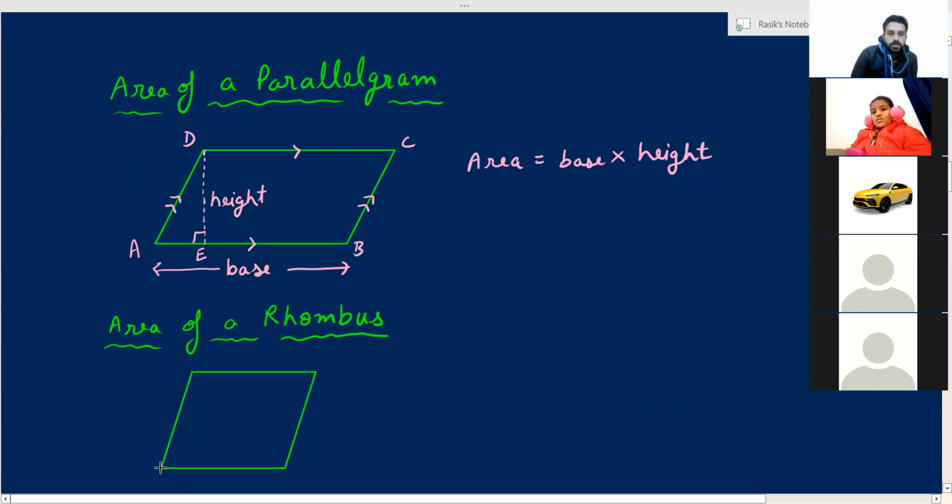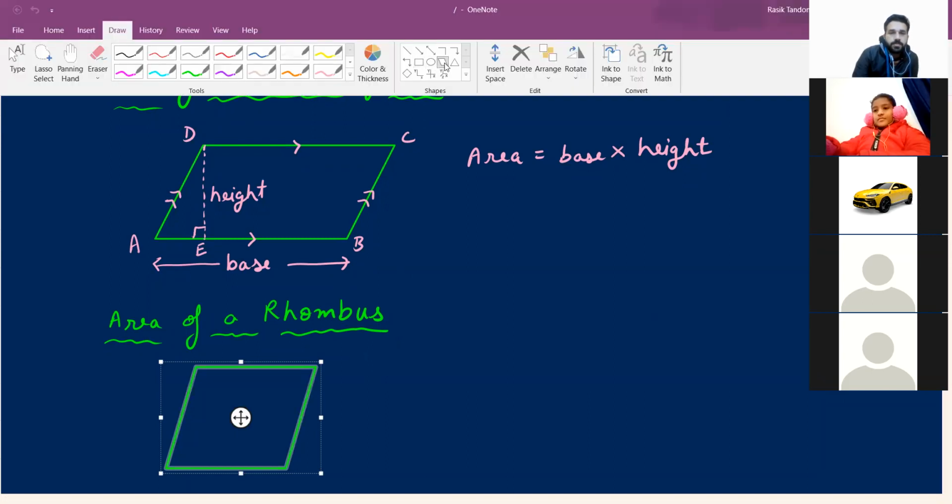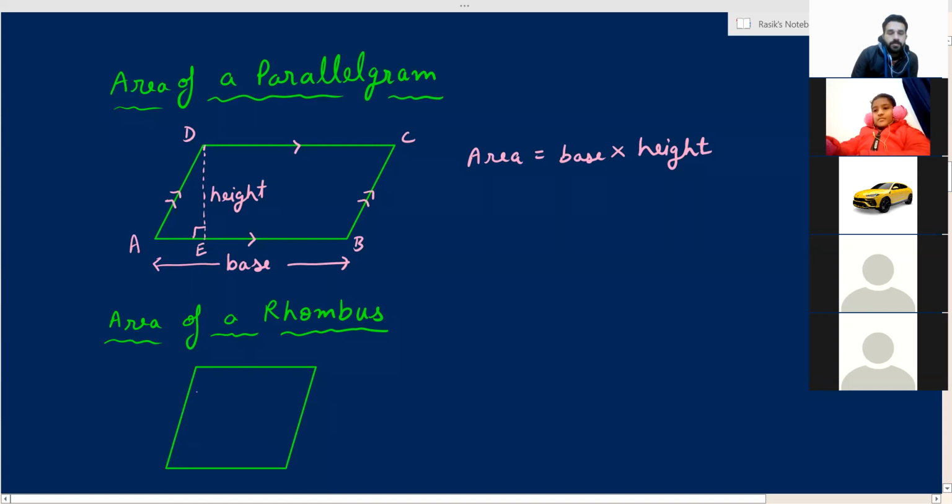Like there is a difference between rectangle and square. What is the difference between a rectangle and a square, everyone? Rectangle has length and breadth, and square has equal sides. Similarly, a rhombus is a parallelogram, you can say a tilted square.